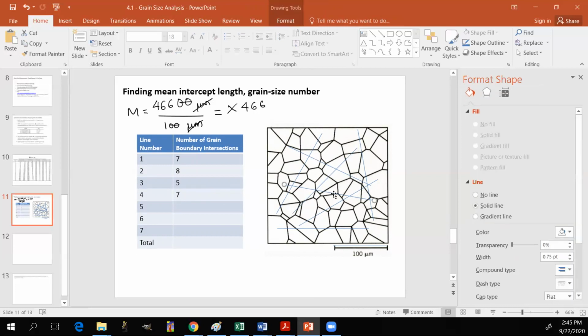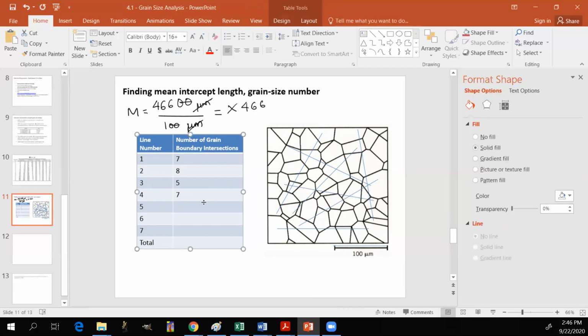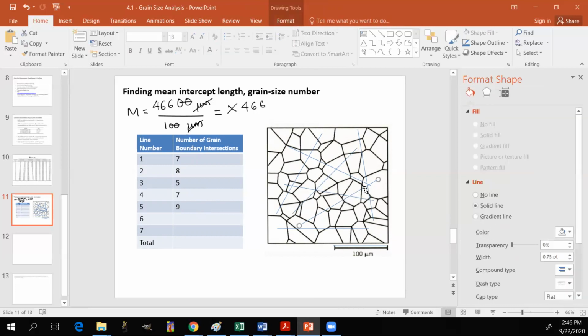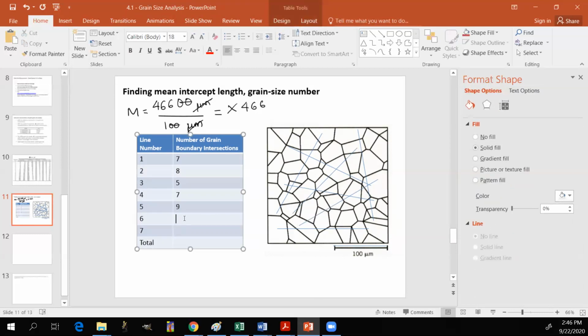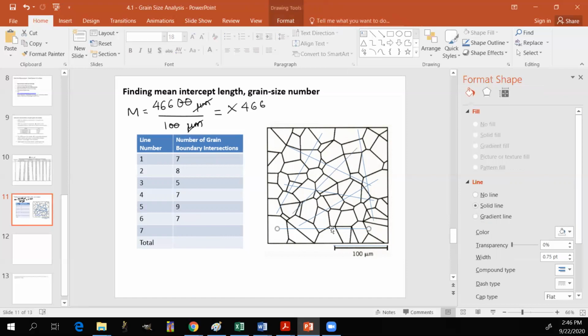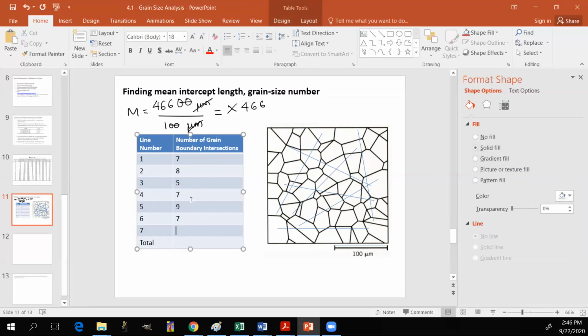Let's do this guy. This guy has 1, 2, 3, 4, 5, 6, 7, 8, 9. Say that guy has 9. Okay. Then let's do this guy. This guy has 1, 2, 3, 4, 5, 6, 7. And then we do this last one, which was our first one. 1, 2, 3, 4, 5, 6, 7, 8. So this guy has 8.